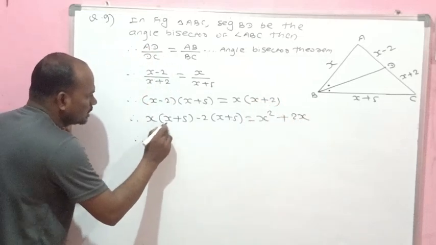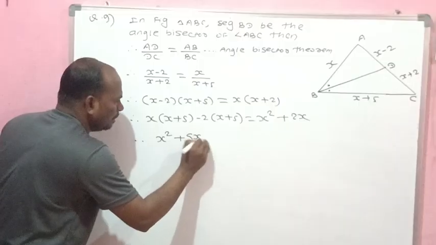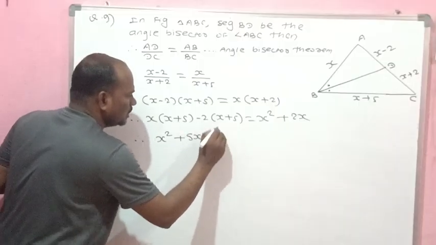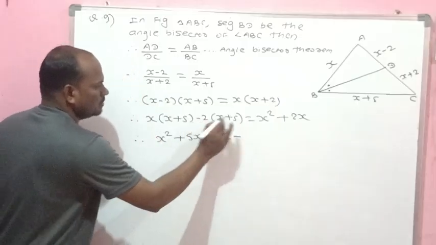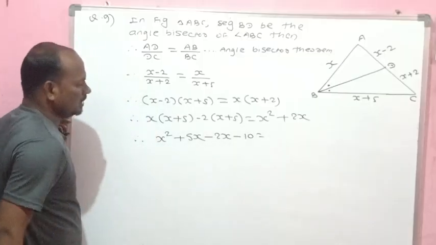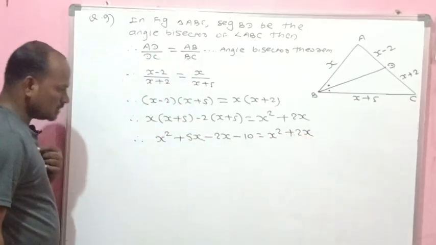Therefore x square plus 5x minus 2x minus 10 is equal to x square plus 2x.